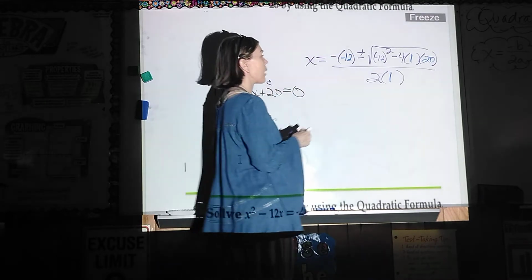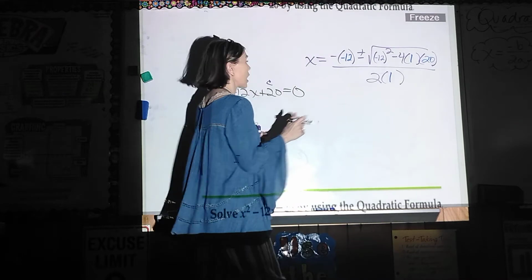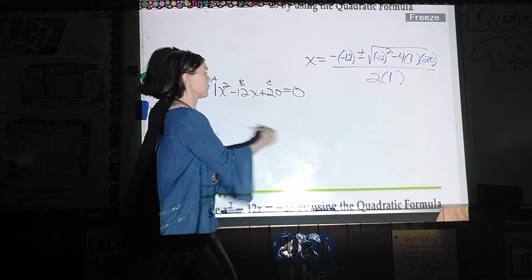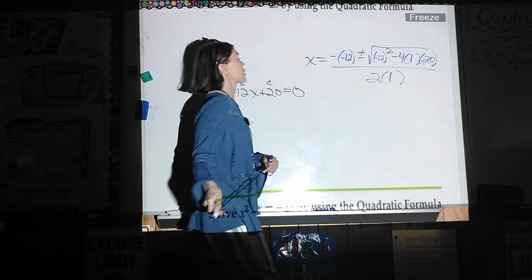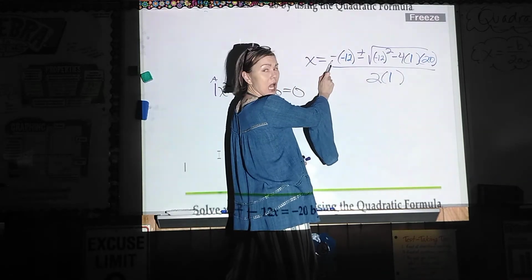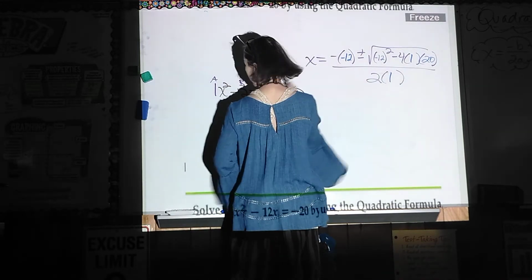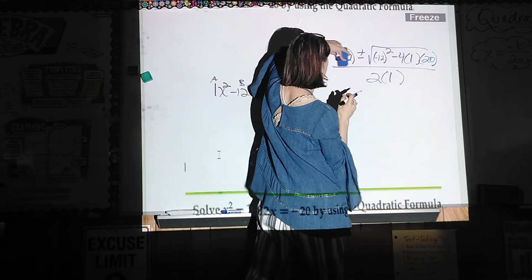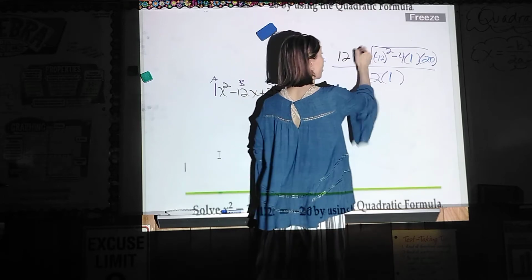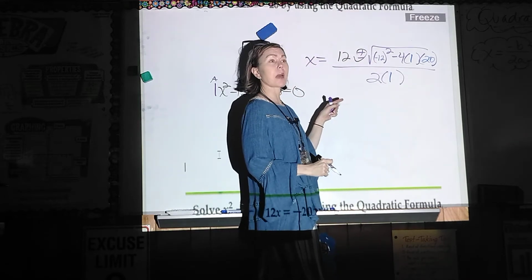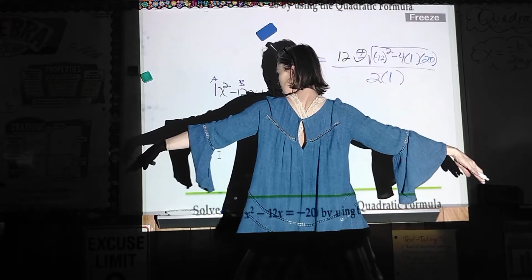Okay, so here we go. All we have to do now is the math, okay? So, to solve example number 2, quadratic. What is the opposite of a negative 12? Positive 12. Here we go. Erase. 12. Don't forget that plus or minus. You know what that means? Split.